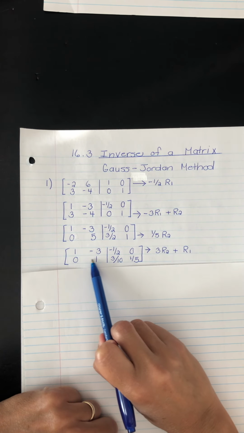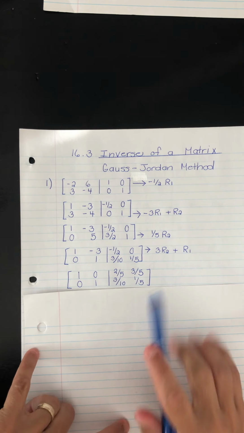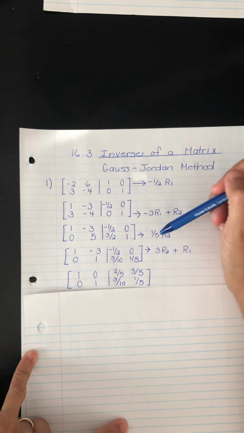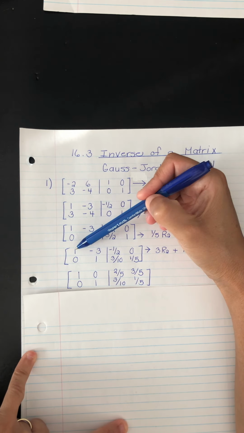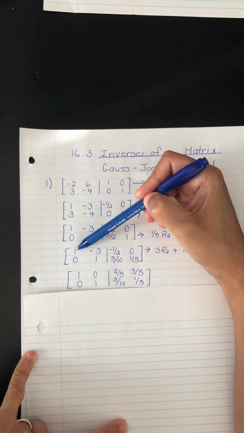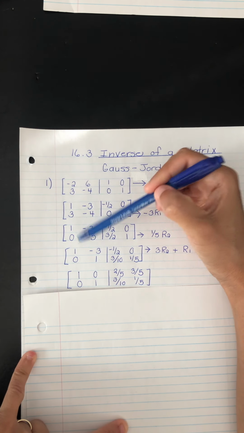So the second row will stay exactly as it is. Don't change the second row. And now here we go. No, sorry. We're doing 3 times row 2 and adding row 1.